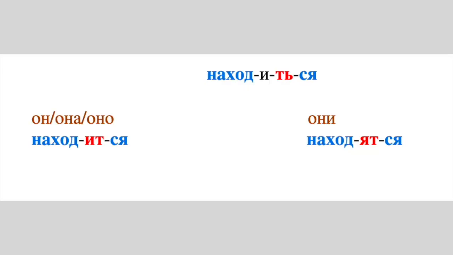Находиться is a verb of the second conjugation, that gives it away. It's actually hard to conjugate first person, second person. We are going right now to look only at the third person conjugation. Он, она, оно находится, and они находятся.